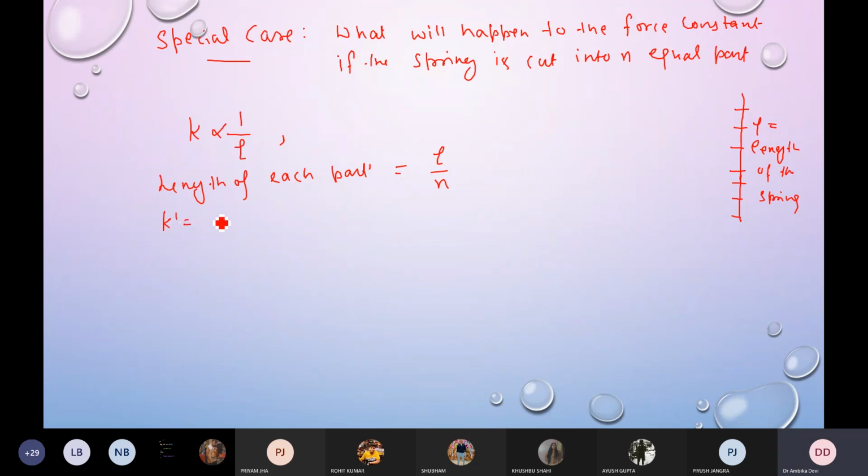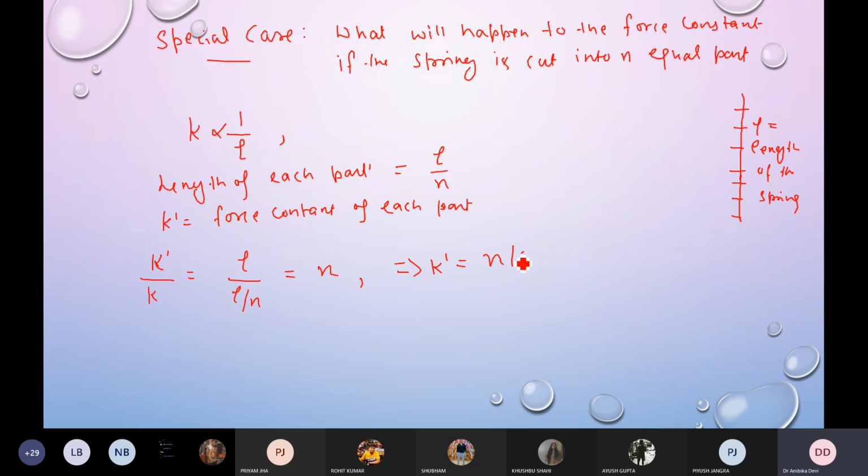If k dash is the force constant of each part, then the ratio of the force constant of a single part to the force constant of the entire spring is equal to L divided by L upon n, because k is inversely proportional to L. So this is equal to n, which further means that k dash, the force constant for a single part, is equal to nk, where n is the number of parts into which the spring has been cut and k is the force constant of the entire spring.